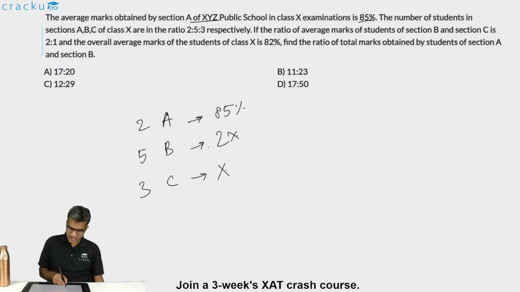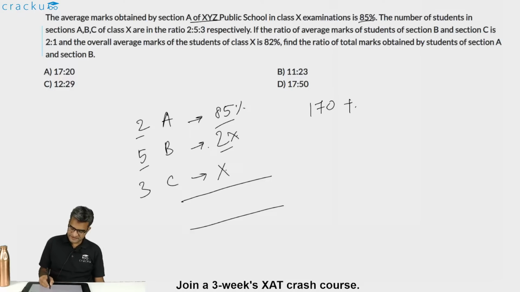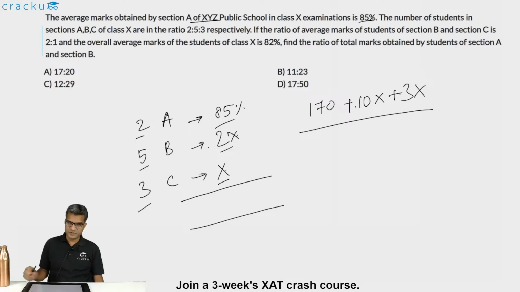So what is the total average marks? We are given the percentage score of A, B, and C. We are also told the ratio of the number of students, so you can calculate the average marks. This will be 2 into 85%, which is 170, plus 5 into 2x, which is 10x, plus 3 into x, which is 3x, divided by the total number of students, which is 2 plus 5 plus 3, which is 10.